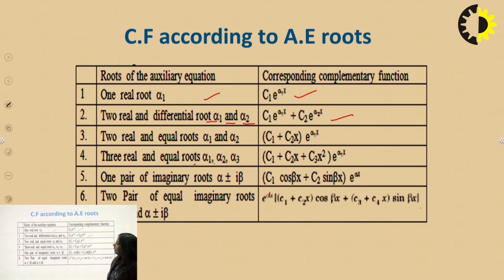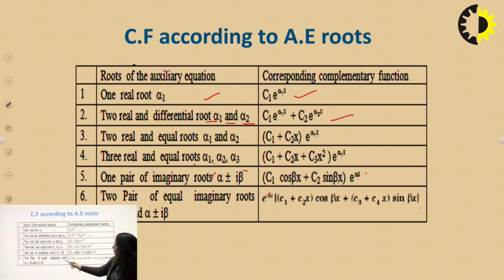And if one pair of imaginary roots is alpha plus minus iota beta, then the complementary function will be (c1 cos beta x plus c2 sin beta x) into e power alpha x. Here beta is the imaginary part of the root and alpha is the real part of the root.